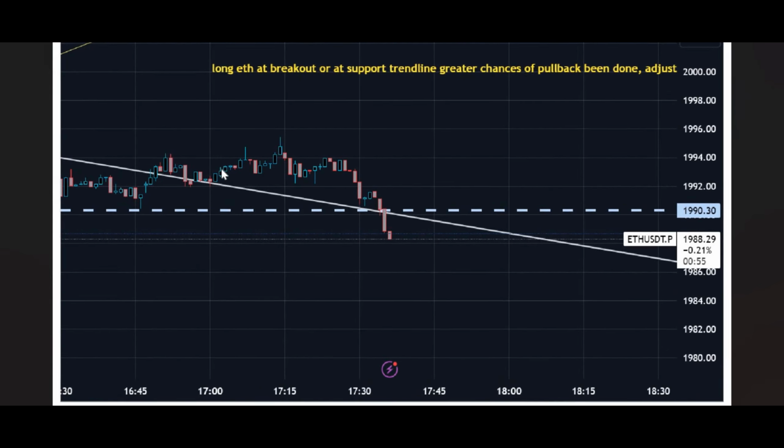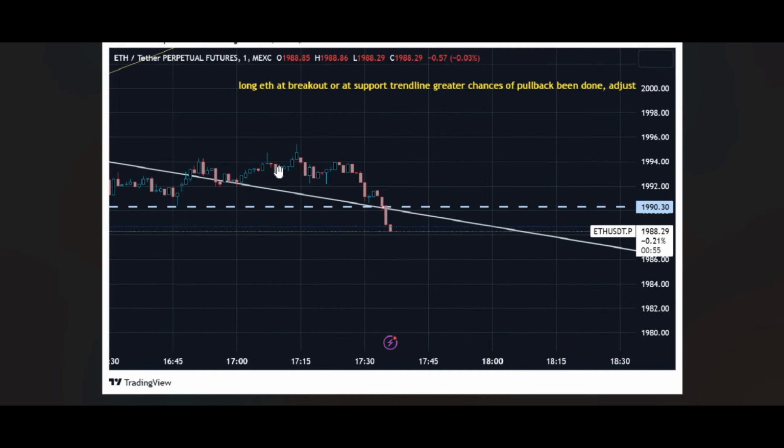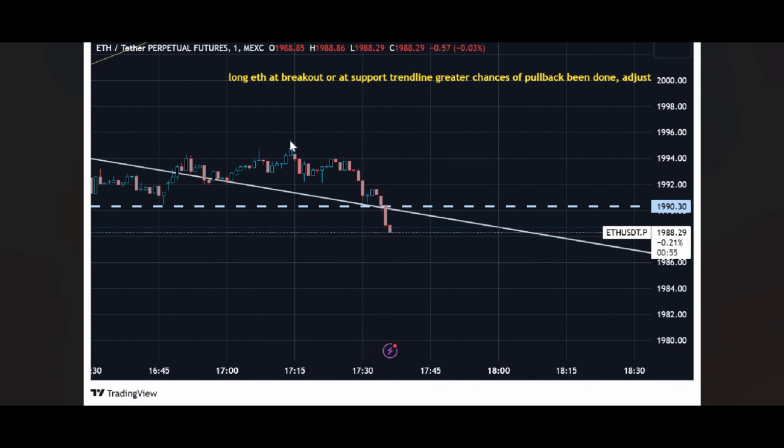So you can see here it's my live chart, right? And a doji came in, right? But it was not respected that much, and if someone entered short here, the price really went down.